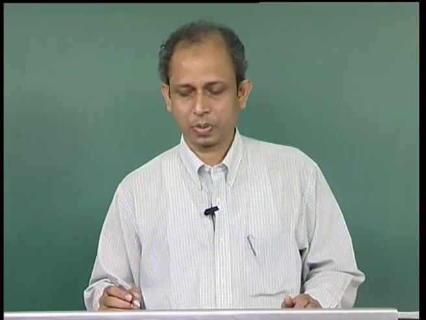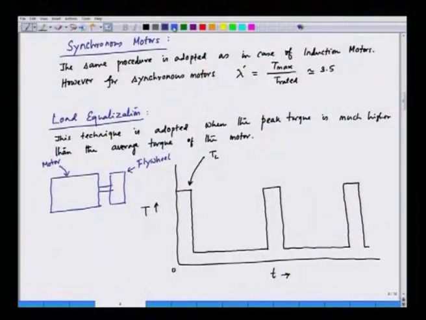So the speed will fall down here, and it will slowly increase in the low torque region, again it will fall down, and this is also a periodic variation like this. So, this one is the speed.